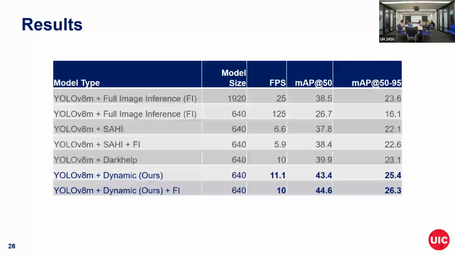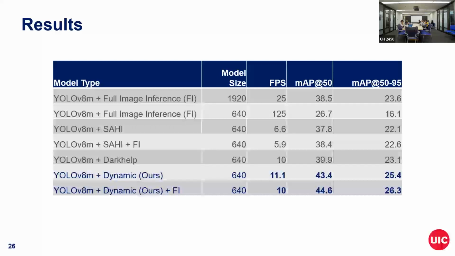We have the model type right here, model size, which is the size of the image put into the model, and FPS, which is frames per second. mAP at 50 is how well the model performs, similar to accuracy at IOU 50, and mAP 50 to 95 is how well the model performs at IOU 50 to 95.